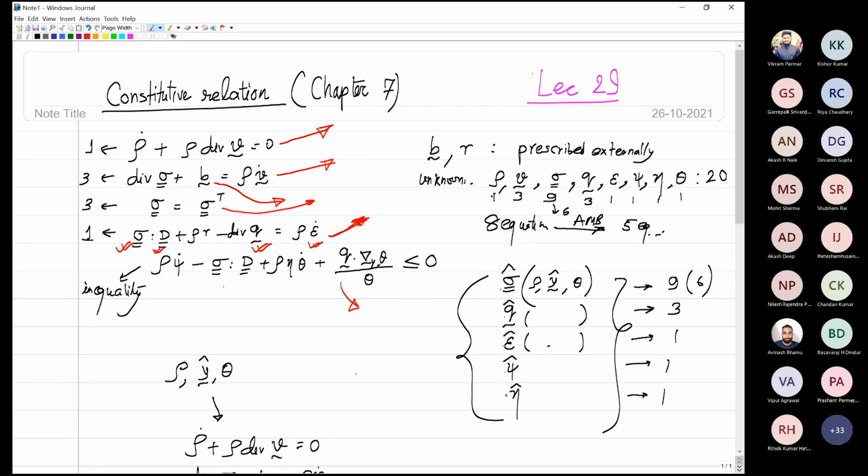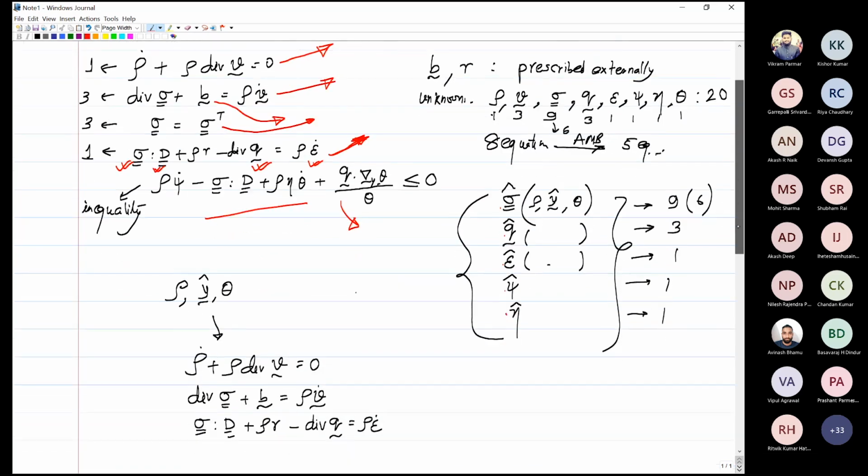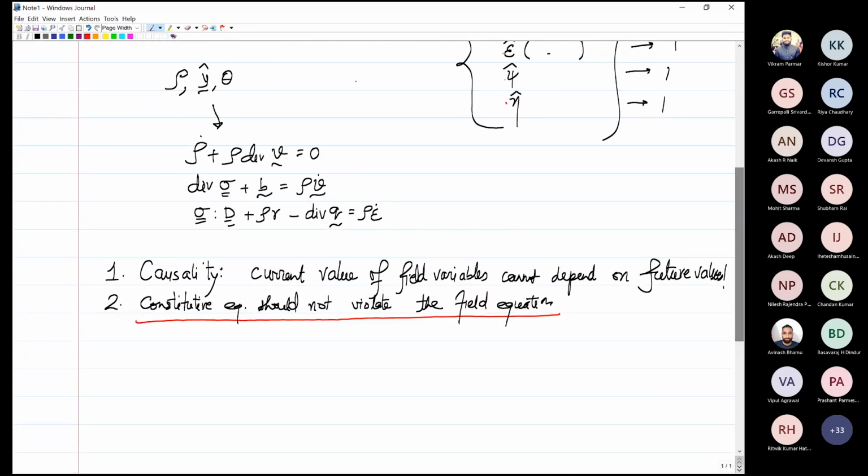For example, you don't have a small r sitting here, or anything like b sitting here, which you can use to get this inequality satisfied. Therefore, it's only the second law of thermodynamics, or this inequality, which essentially puts a restriction on the constitutive equation.